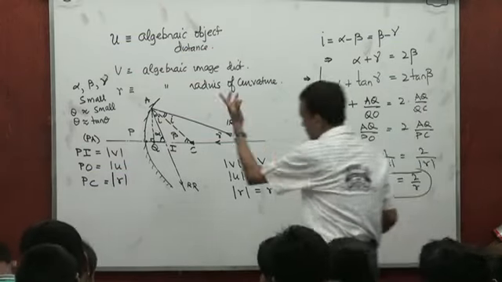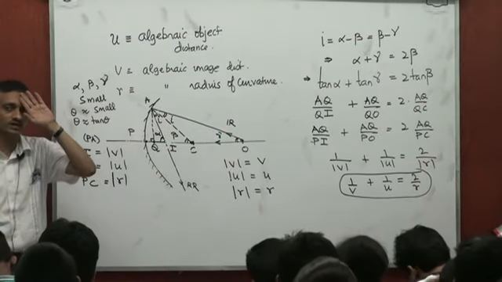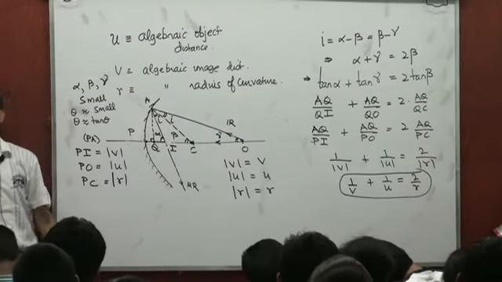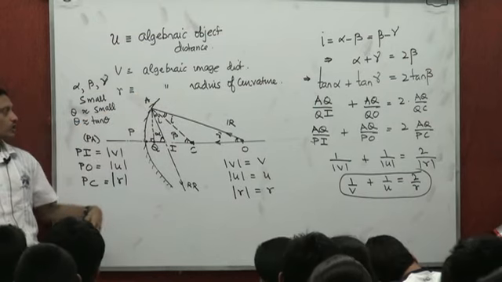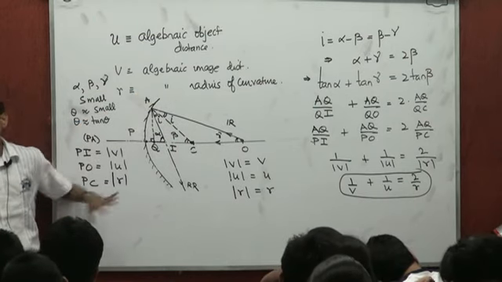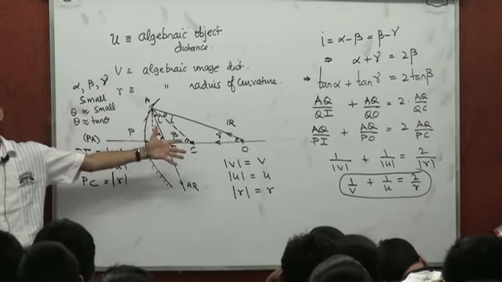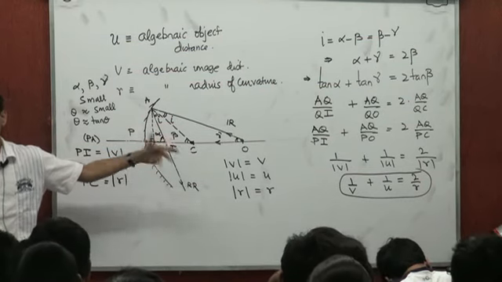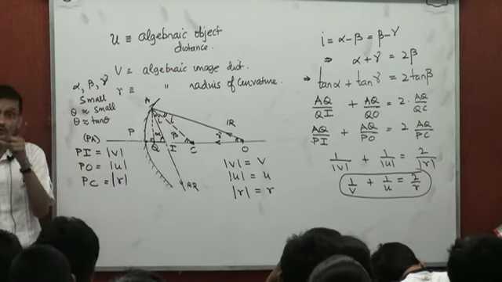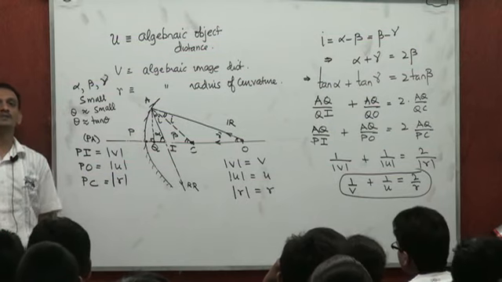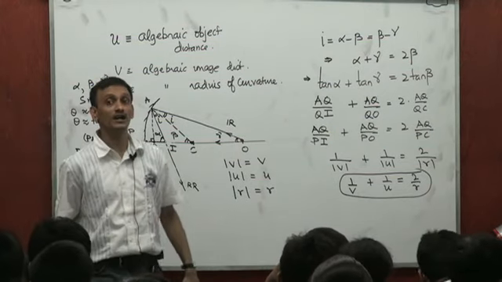Just for the heck of it, to make yourself mentally comfortable, quickly draw the same thing for a convex mirror. You realize that the algebraic relationship that you arrive at would be the same. See, why is it that we look upon U, V and R as algebraic?